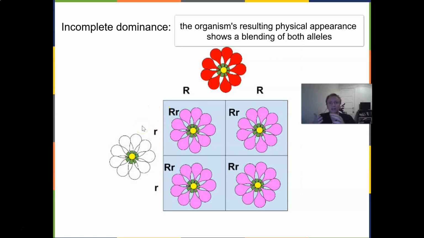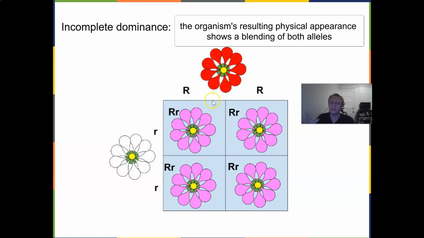And when we cross these two, we get a combination of the 2 colors. We get this pink color here. So this is called incomplete dominance, in that you just wind up with a mixture of the 2 traits involved.